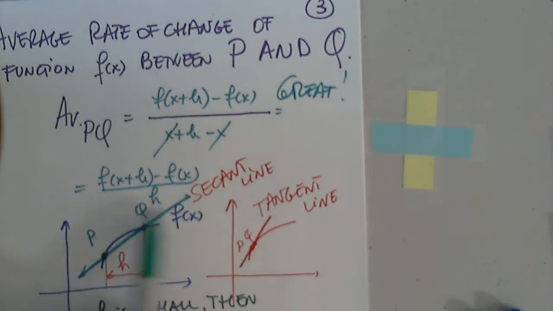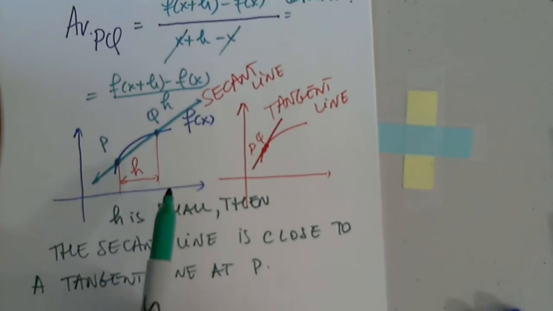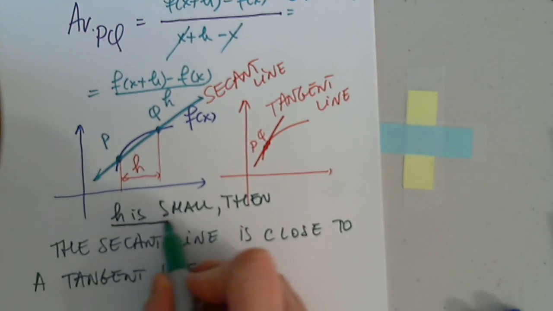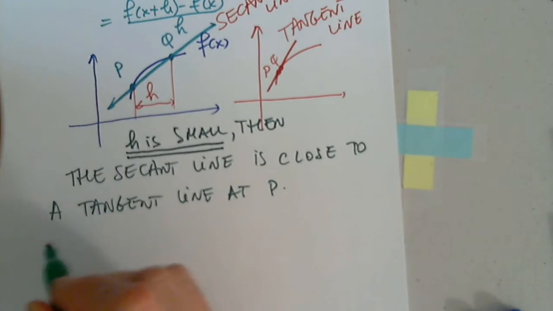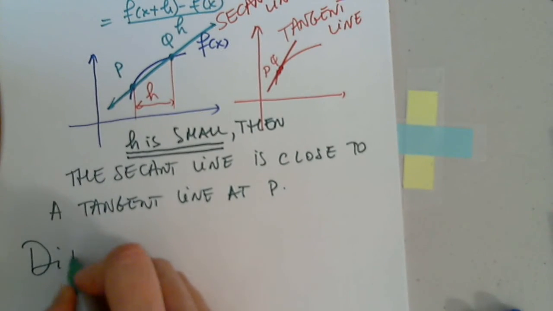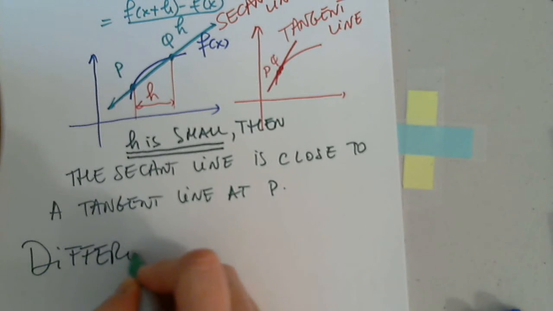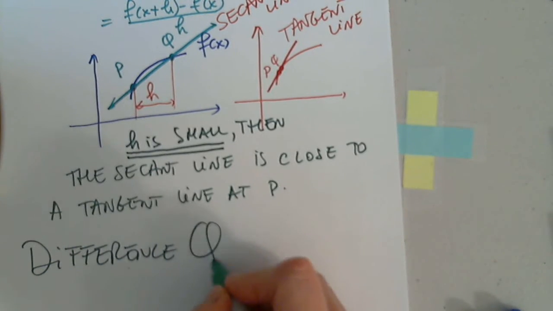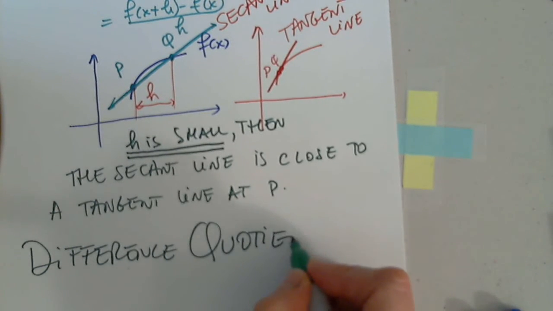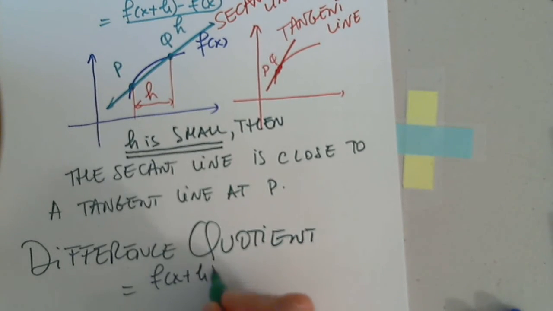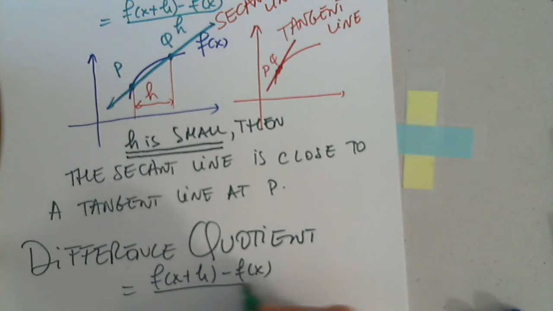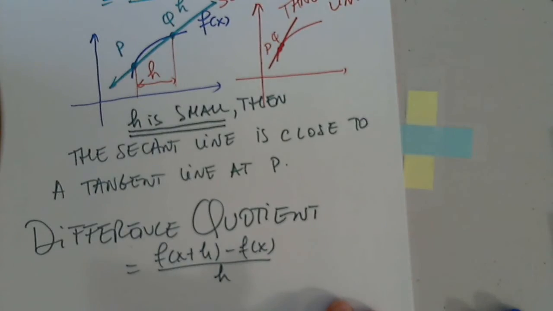This was initially the average rate of change, but now we identify the fact that h is very small, and we call that difference quotient, which is f of x plus h minus f of x divided by h.